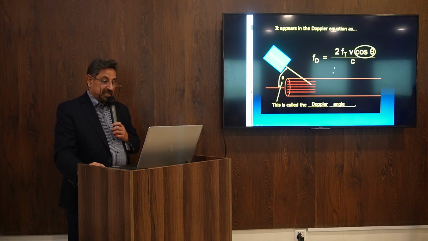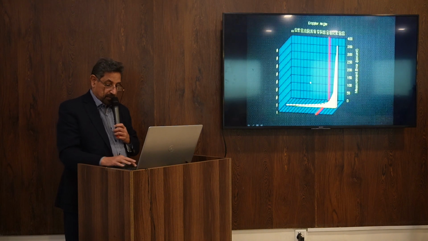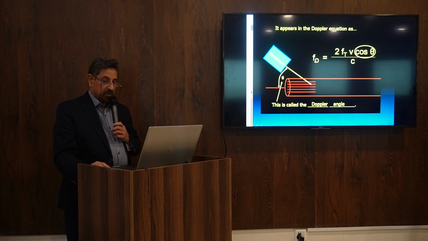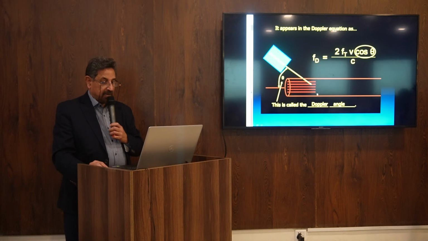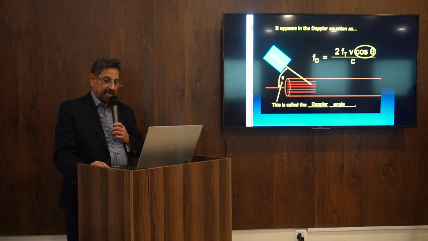So this picture tells you that if you are placing your probe in this manner, then you will get nothing because it is 0. You have to make an angle with the vessel, which we will discuss in image optimization in the forthcoming slides. So because cos theta 90 is 0.